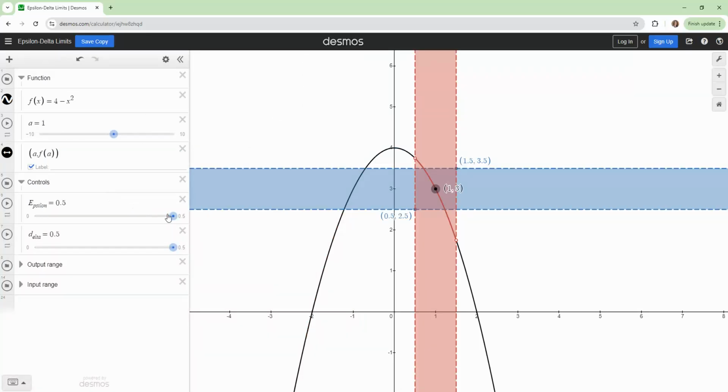So if I want to be within a half, if 3 is the actual answer, then I would need something between 2.5 and 3.5. Agreed? In order to get that, I'm going to have to pick an x that falls in this window. So my x's will have to be between 0.5 and 3.5.